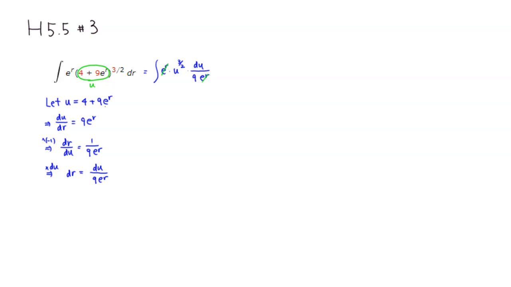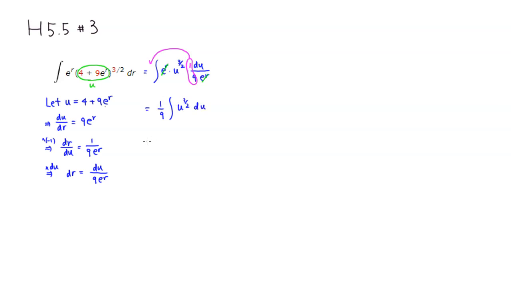Then you have a constant here, which is 1 over 9. I can kick this out in front of the integral. So this is going to be 1 over 9 integral of u to the 3/2 power with respect to u.